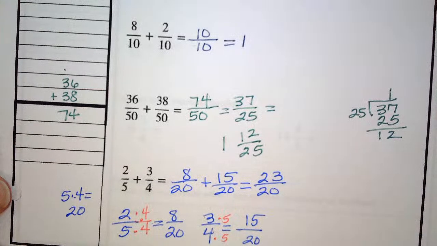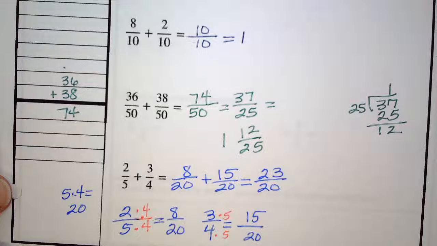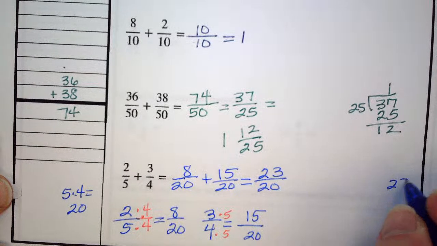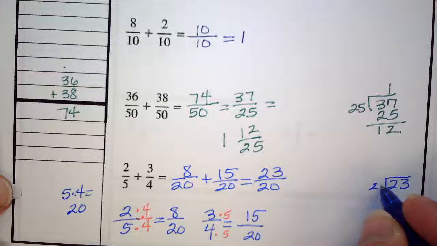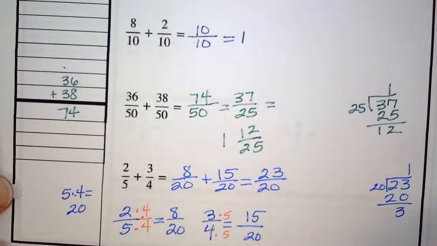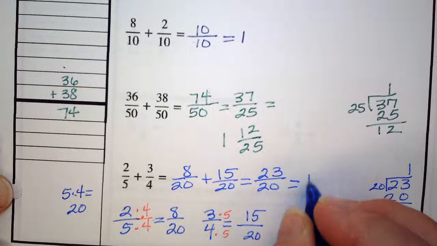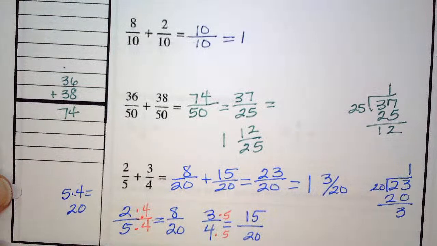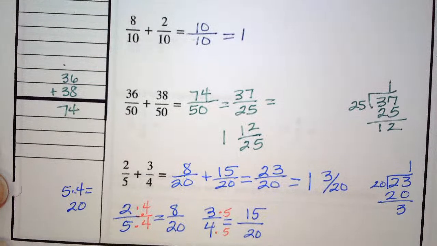Can I simplify? No. 23 divided by 20, you have 1, and then you have a 3 remaining. So this is 1 and 3/20 as a mixed number.